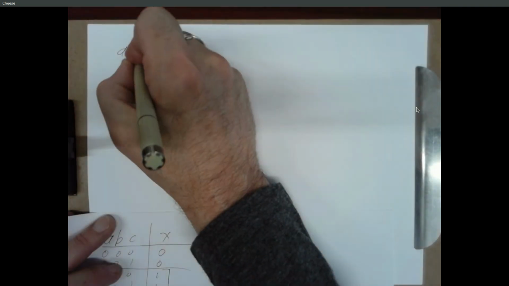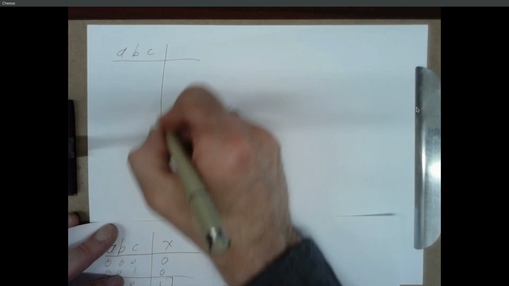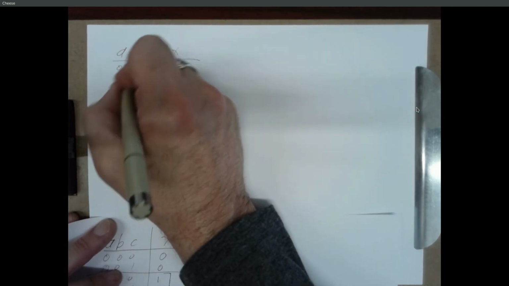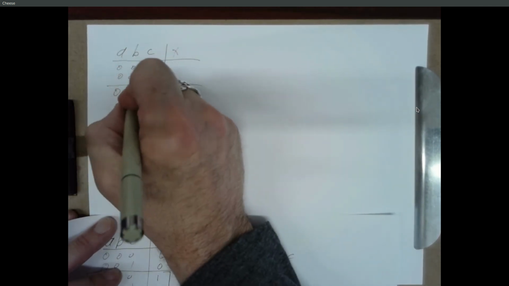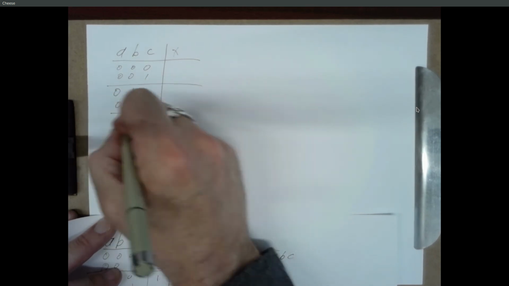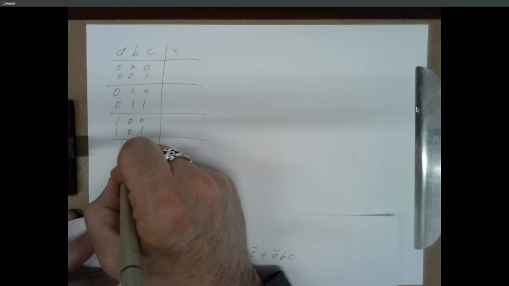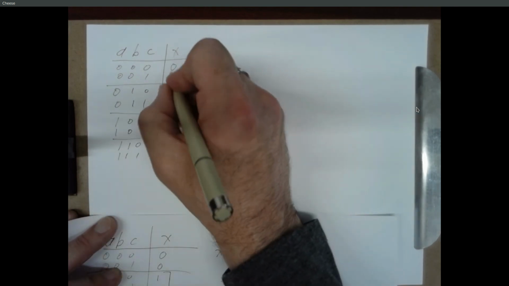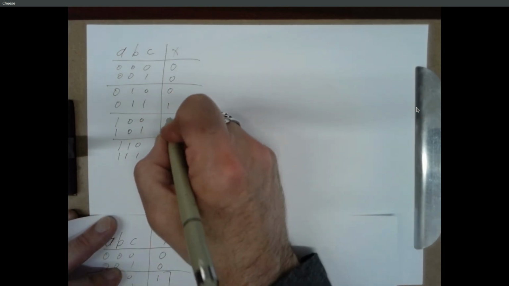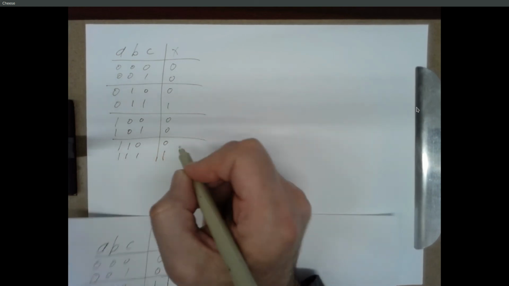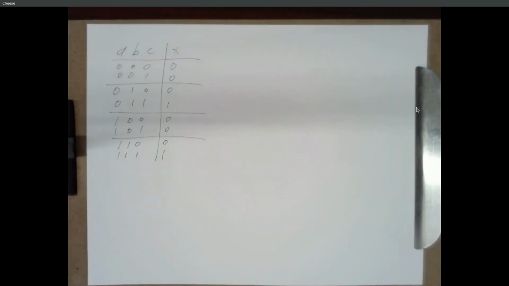Let me show you a different truth table with a different function. And unfortunately, we don't have any adjacent rows that are both equal to 1.